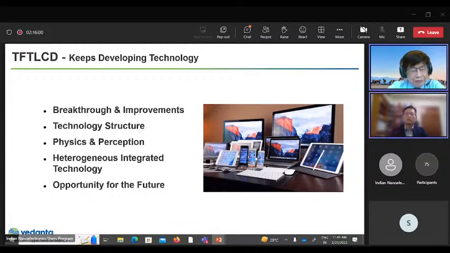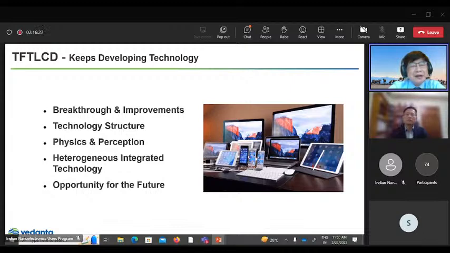And one very special thing is that heterogeneous integration has been a driving force for evolution in TFT LCD, and it is actually in semiconductor too. In summary, in return for the investment in display, we invest in our future.